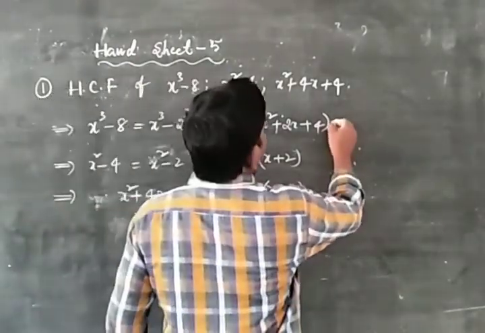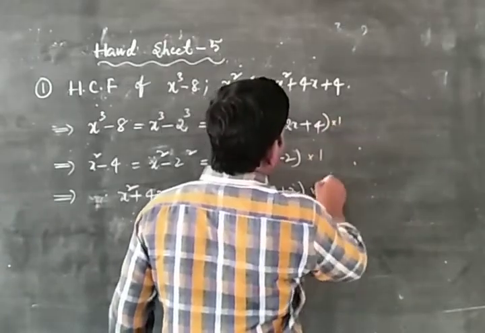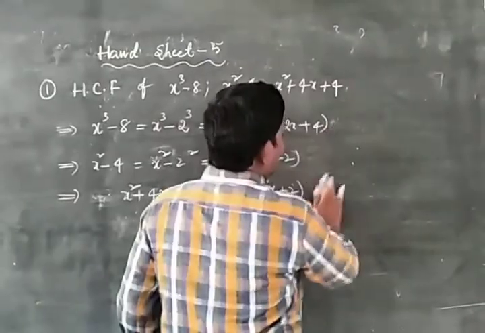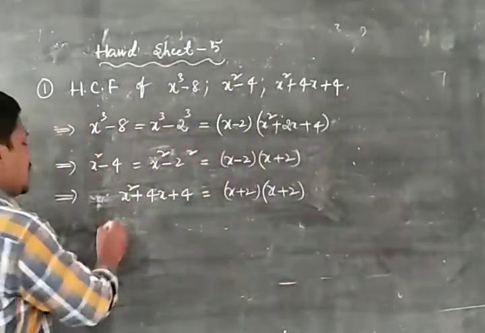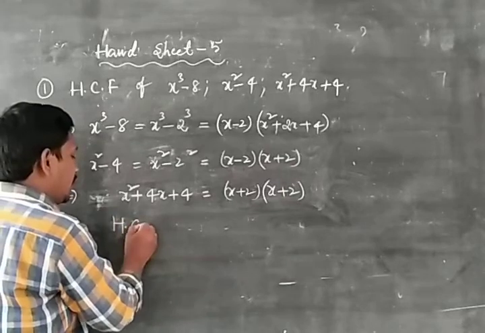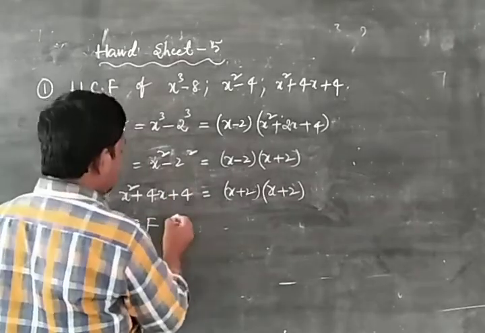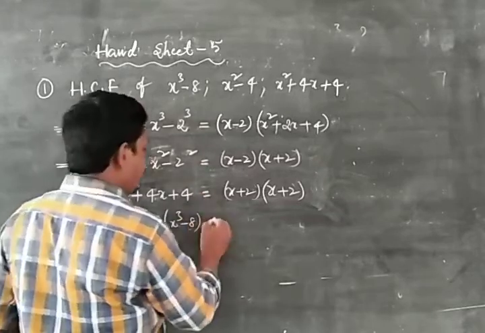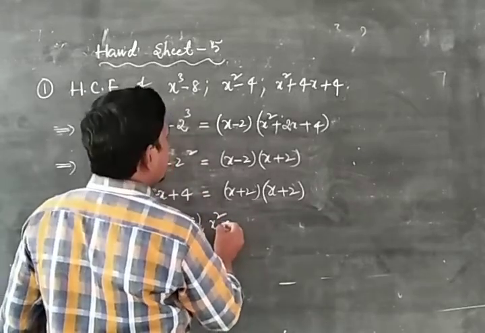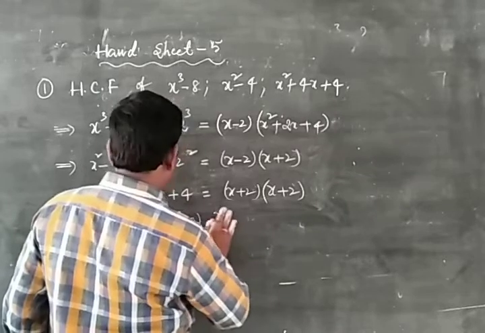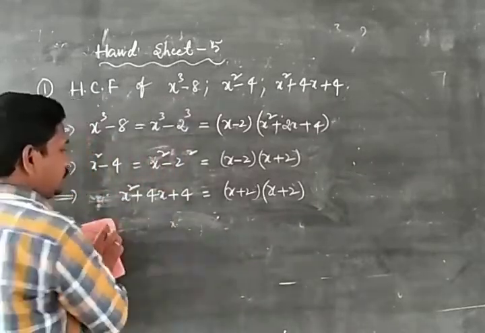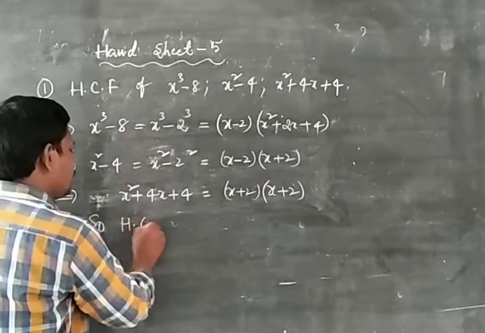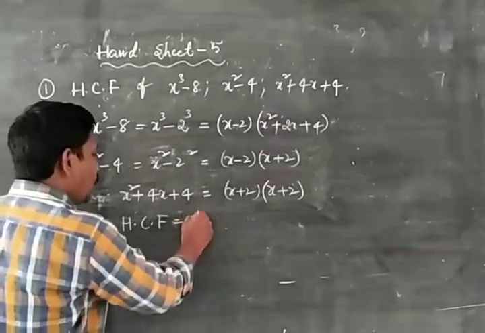We have to write into 1, into 1, into 1. What is the common one? Common 1. So you can think like that. HCF of x cube minus 8, x square minus 4 is 1.